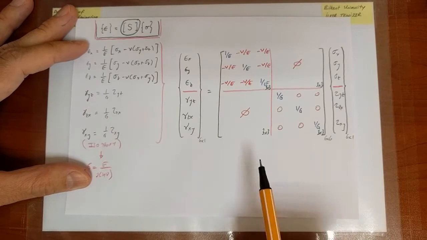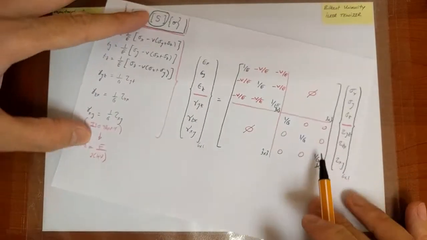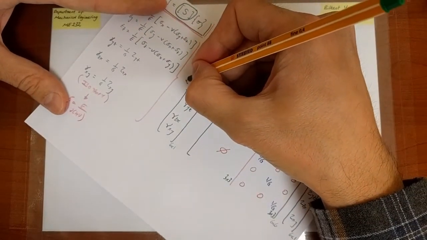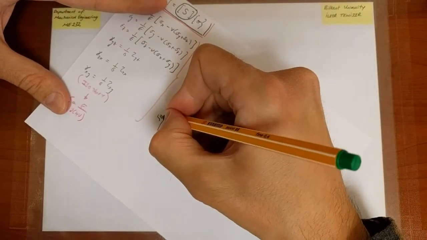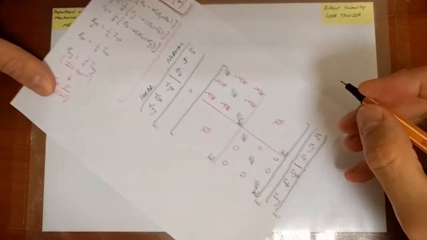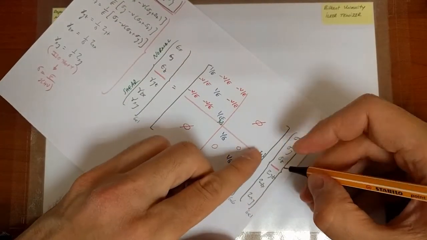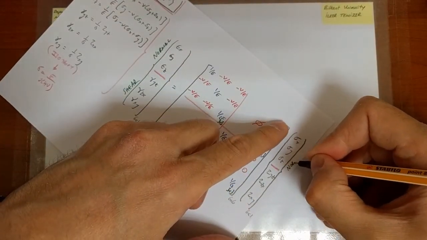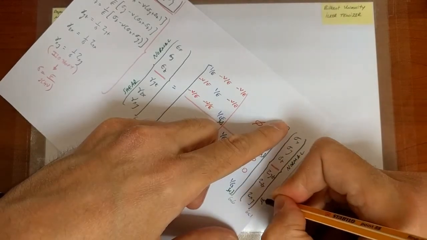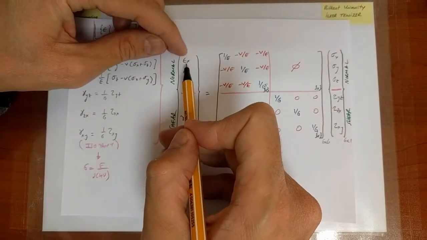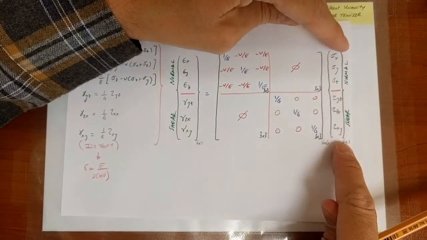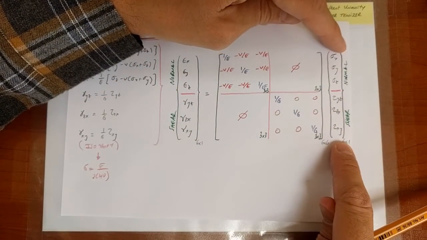Now, these components of the strain have to do with normal deformations, and these with shear. And these stress components have to do with normal stresses, and these with shear. So to get any component in here, I take a row and multiply with that vector, right?